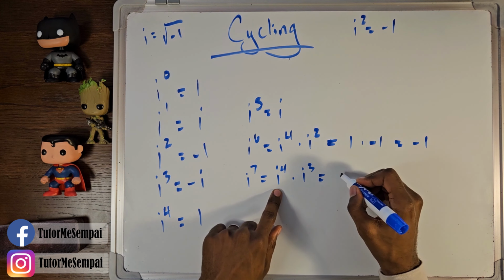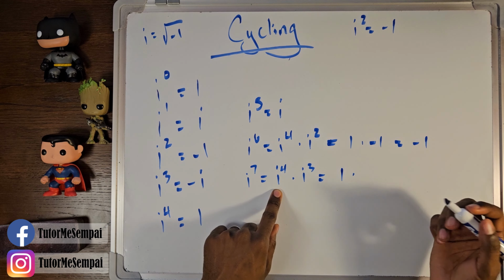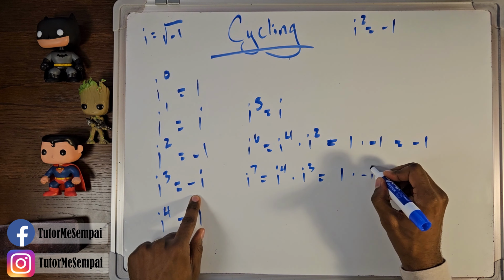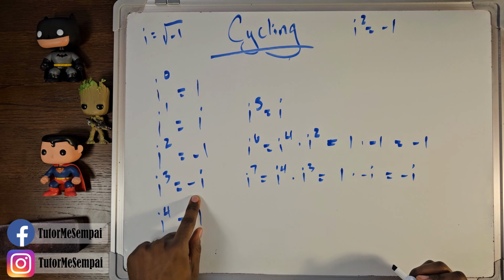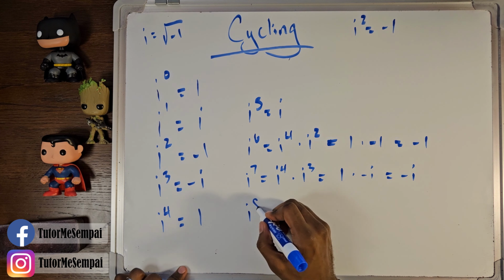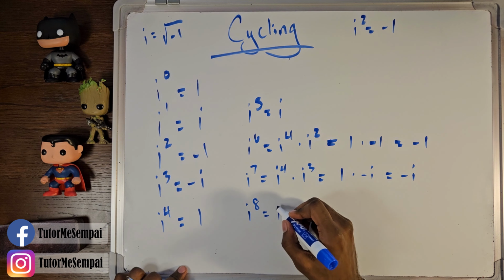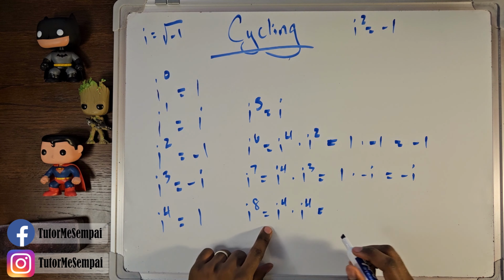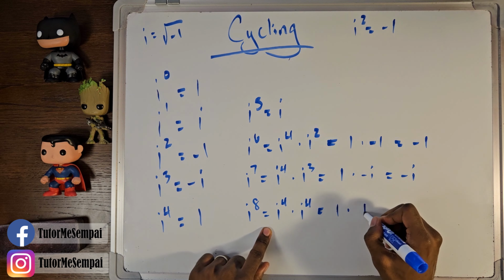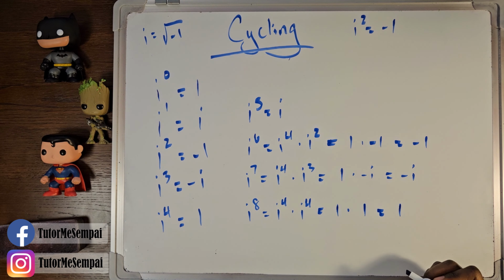We know that i to the 4th is going to be 1. i cubed is going to be negative i. That means this is going to be negative i. And i to the 8th is going to be i to the 4th times i to the 4th. And both of these are going to be 1, which gives you 1.